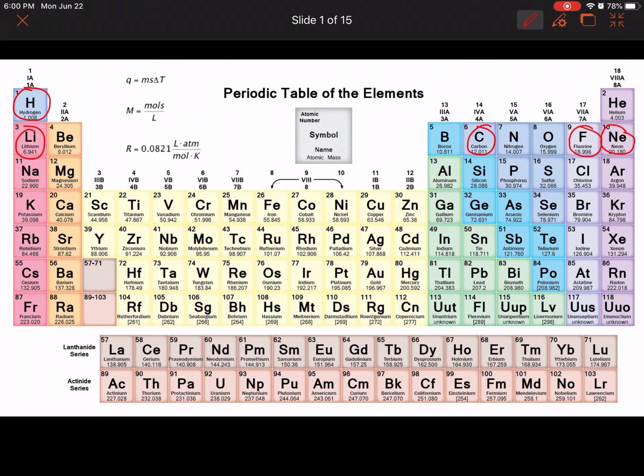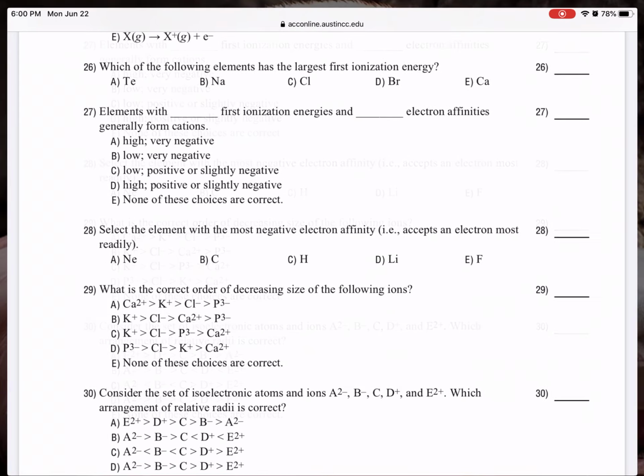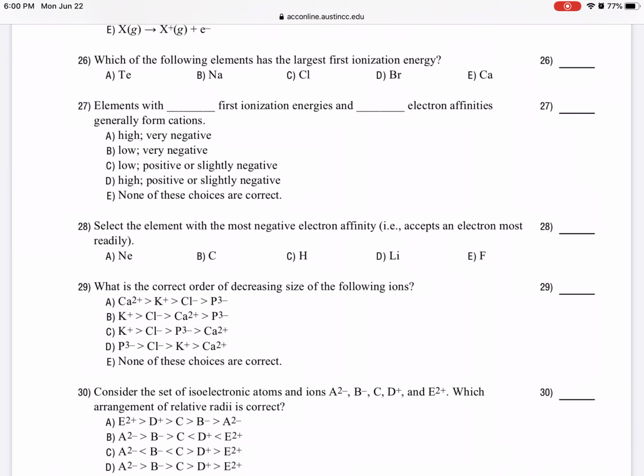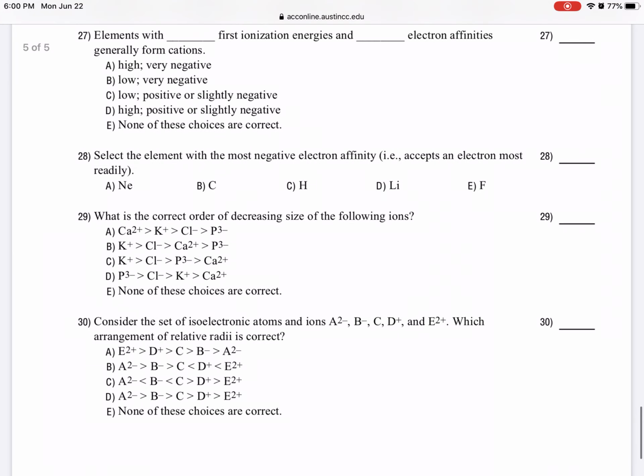Okay, so next, what is the correct order of decreasing size of the following ions? Now, if you look closely, we call them isoelectronic, meaning they have the same number of electrons.